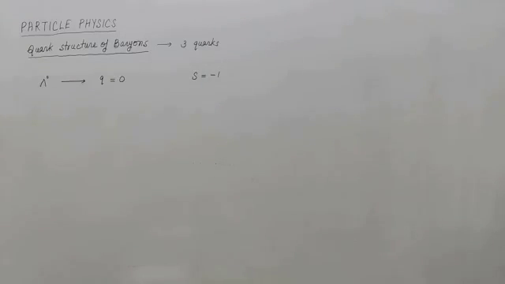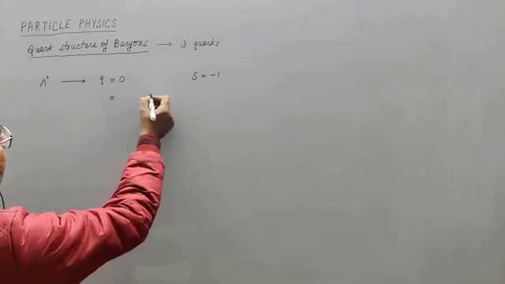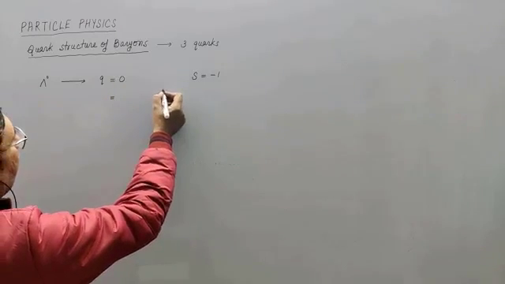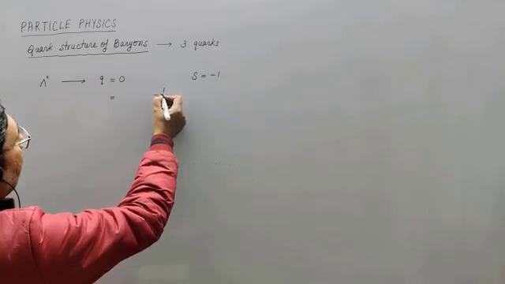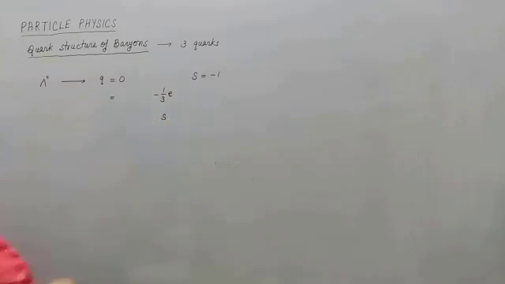So because S is equal to minus 1, can you tell me which quark carries minus 1 strangeness number? That is S. So one of the quarks is S. So here, how can you create this? So one quark is S quark. So on the S quark we have this much amount of charge. So this quark is S.